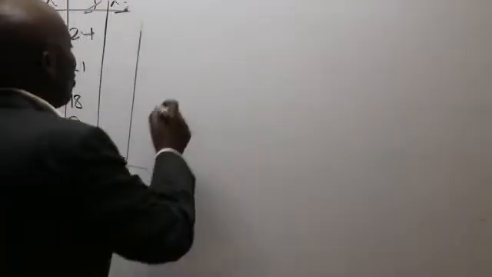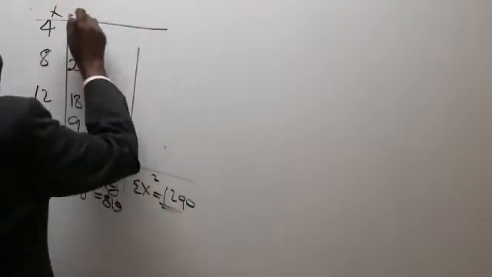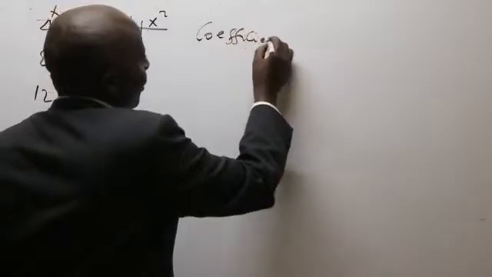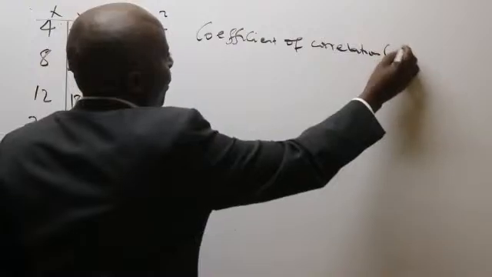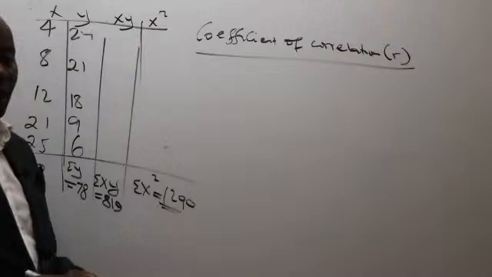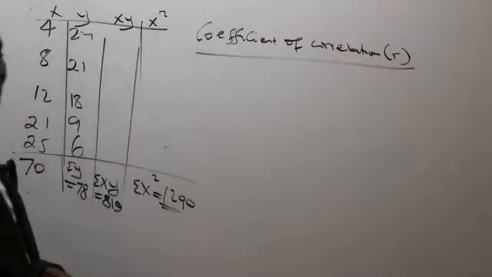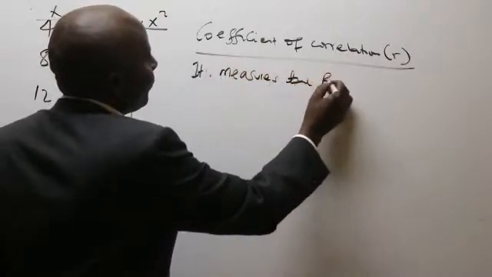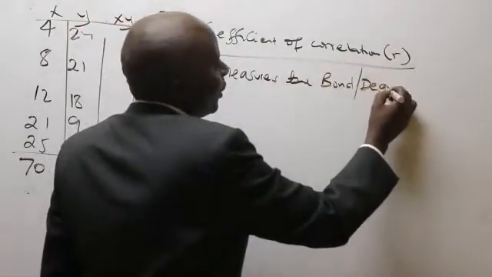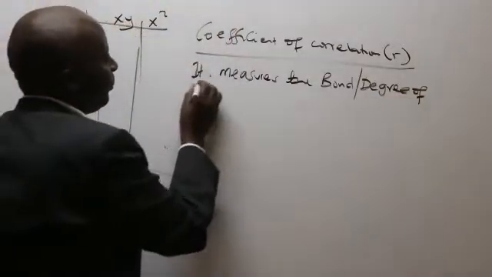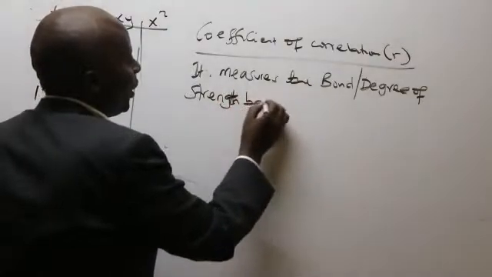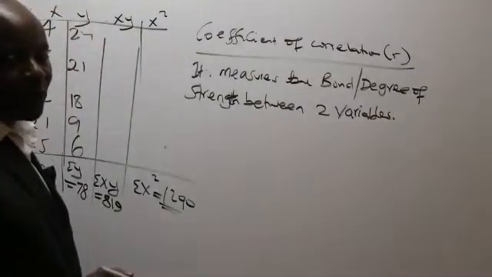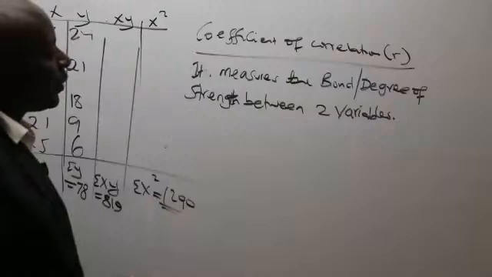So mention there, coefficient of correlation, which is our R. This coefficient of correlation measures the degree of strength between two variables. Right?